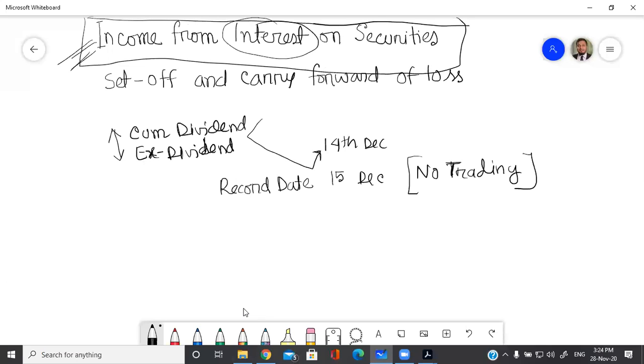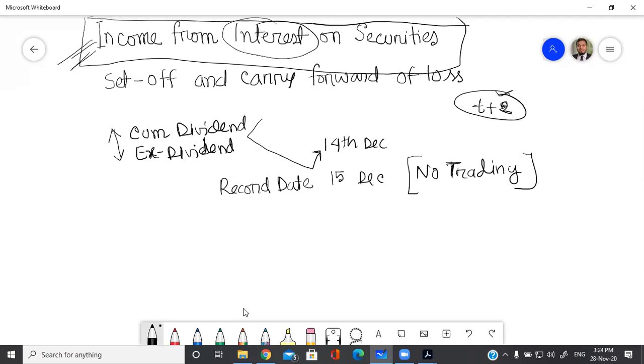I am not taking the complexity of the T+2 trading day requirement. That means how long it takes to settle, or how long it takes to credit the share to your BO account. So I am assuming that it is immediately recorded, but in our country it takes T+2, that means trading day plus 2 days to get the share credited to your account after having bought on a particular day.